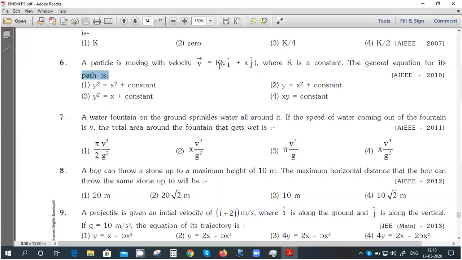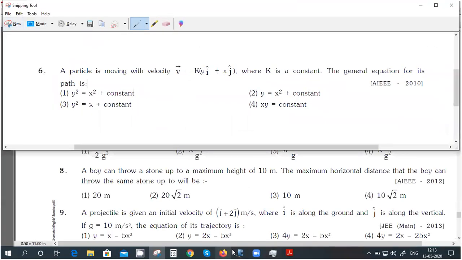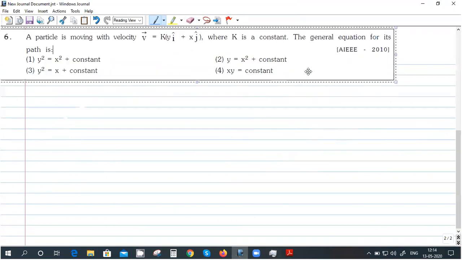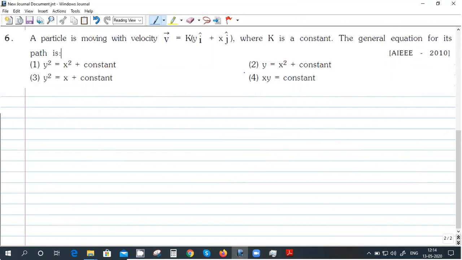So dx by dt is ky. This is basically integration. The velocity is dr by dt, right?